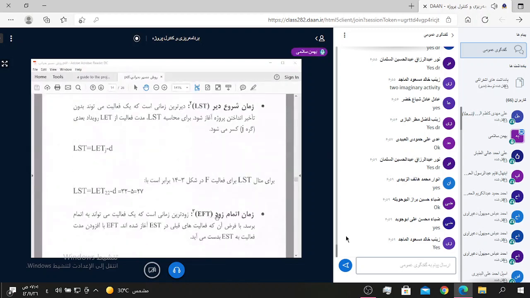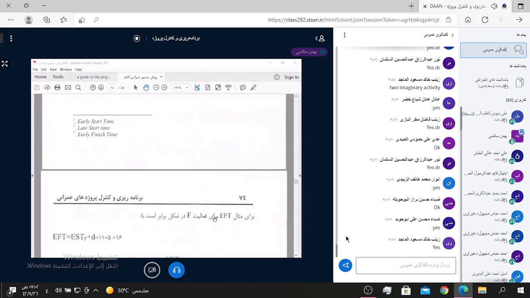Factor 3, EF, early finish. Early finish means the earliest time that an activity can finish. EF, early finish, the earliest time that an activity can finish.